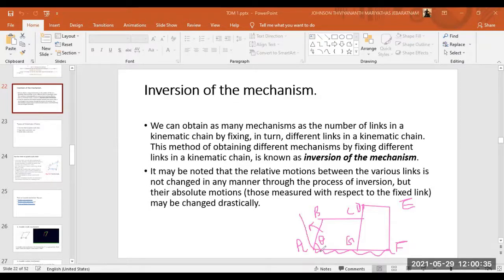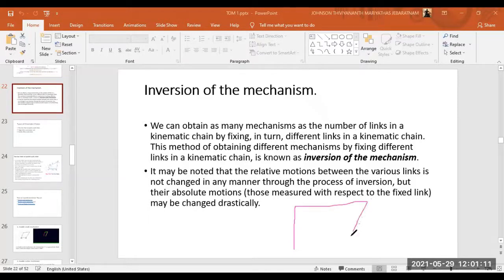Just assume AF is also rotating when you are rotating AB. If AB is turning by theta and AF is also turning by theta, then there is no relative motion. So we need a reference to say relative to which link the motion has occurred. So here it may be noted that the relative motion between the various links is not changed in any manner. The relative motion is going to be the same, but the absolute motion may change.